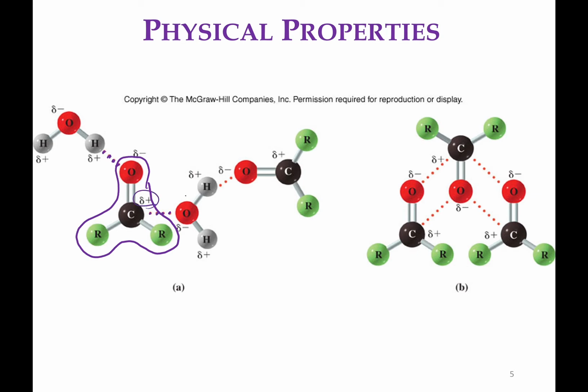That's a dipole. So this is our dipole-dipole, not the special hydrogen bonding one. This is the special hydrogen bonding intermolecular force there. So we can see that it's going to cause greater solubility.